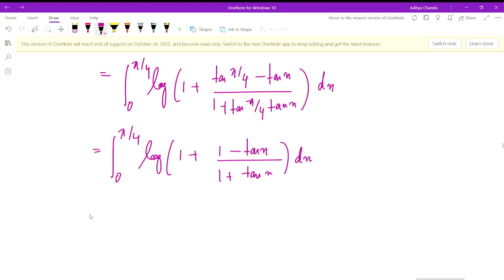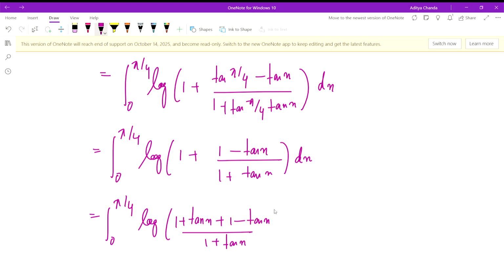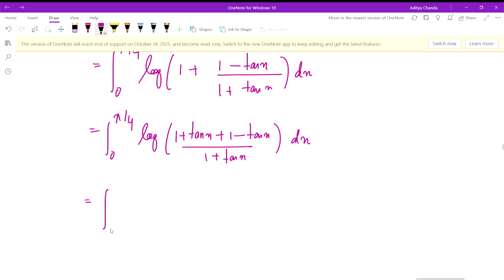Now if you take LCM over here, you get log of 1 plus tan x on the bottom. 1 plus tan x times 1 gives you 1 plus tan x plus 1 minus tan x. Now if you evaluate this, you simply cut the tan x and minus tan x over here, and you get log of 2 upon 1 plus tan x.